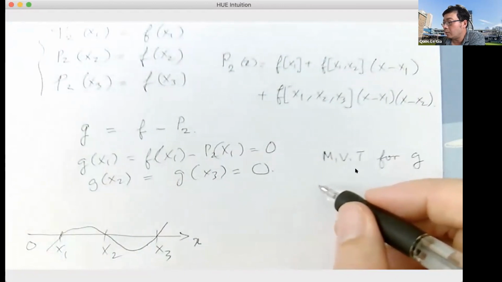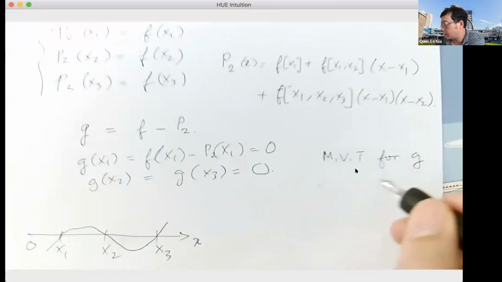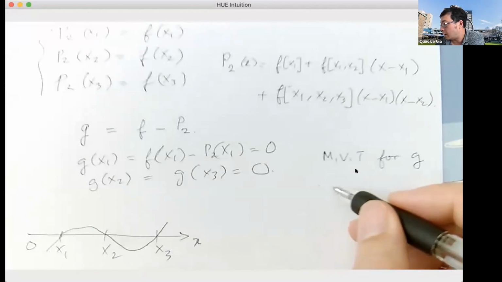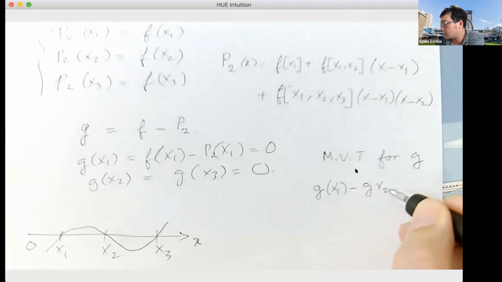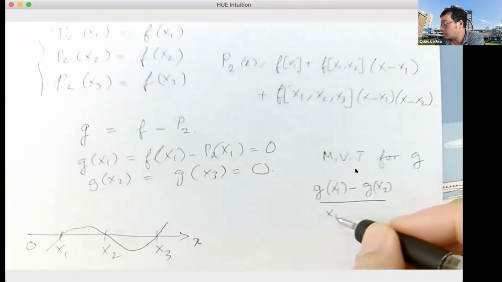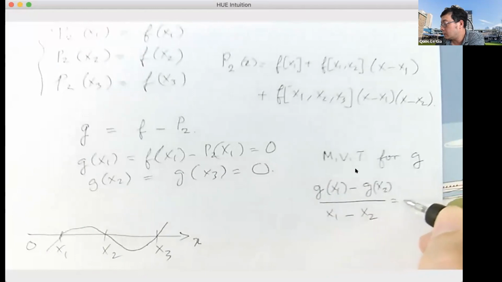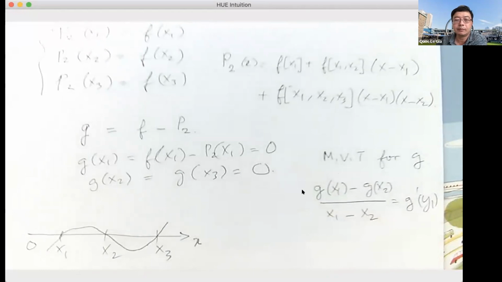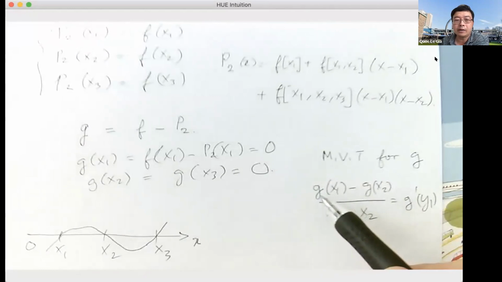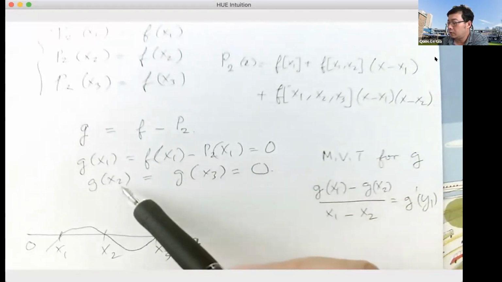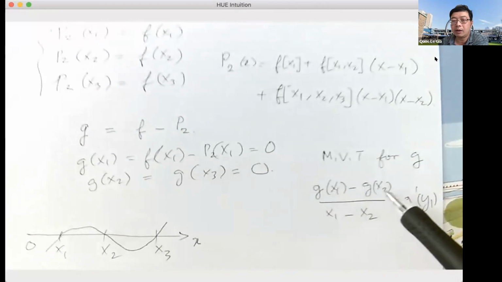say y1, such that g of x1 minus g of x2 over x1 minus x2 equals g prime at y1. So this is the mean value theorem, nothing new here. But what is g(x1)? Remember g(x1) equals 0, g(x2) equals 0, so 0 minus 0 just equals 0.